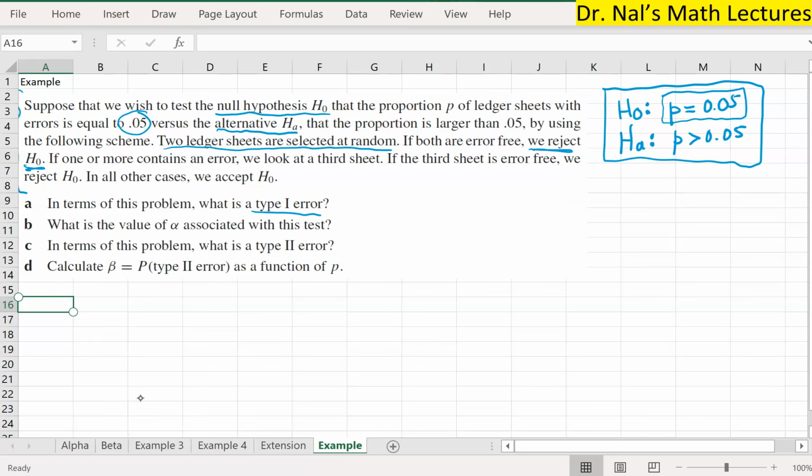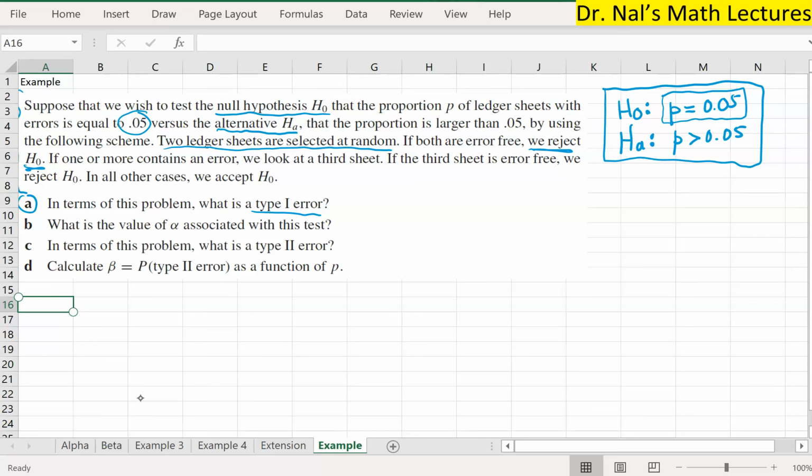So that's what is meant by A. If you want to interpret it for this situation, it is concluding that P is greater than 0.05, while in reality it was indeed less than or equal to 0.05.